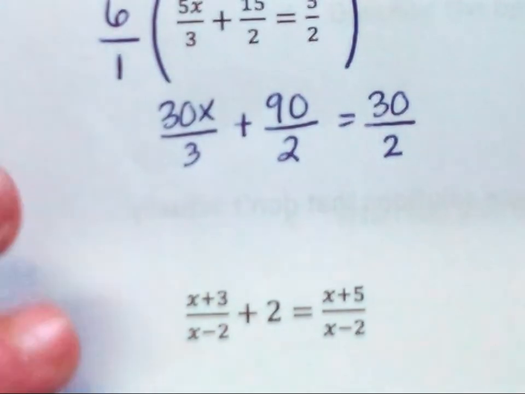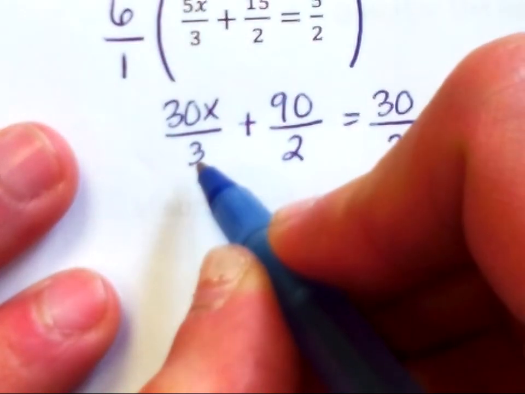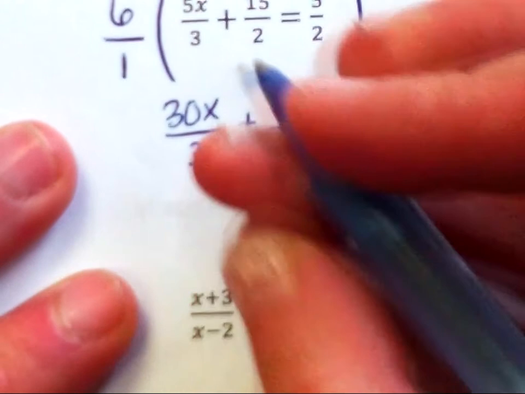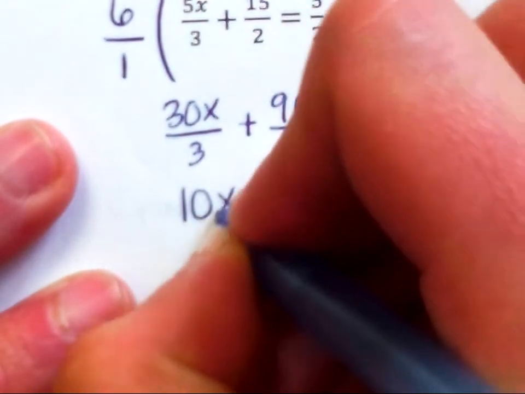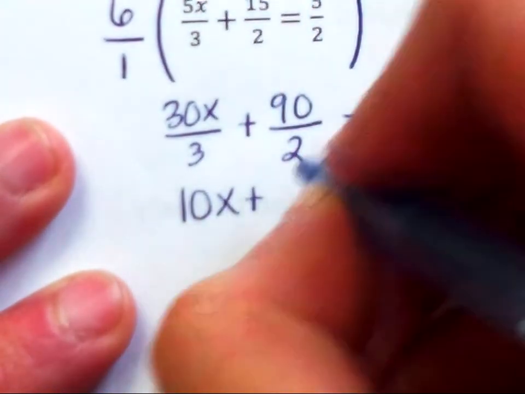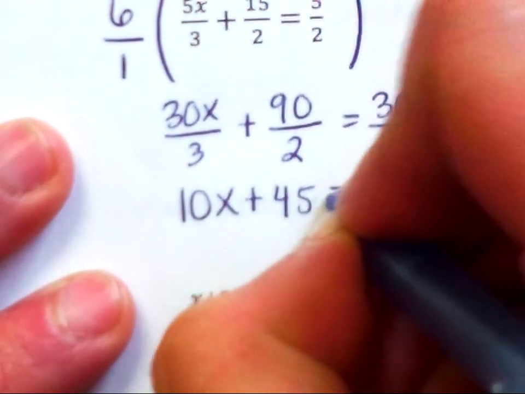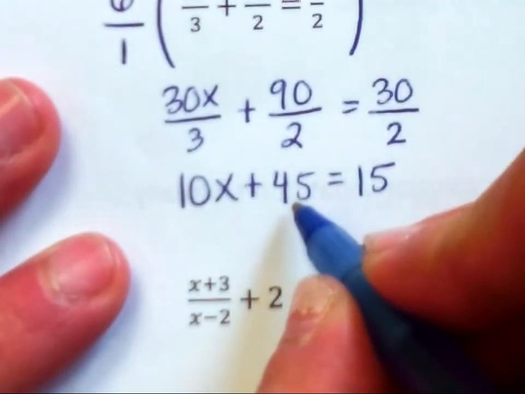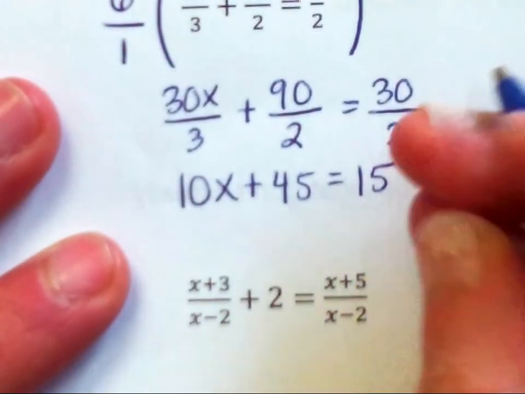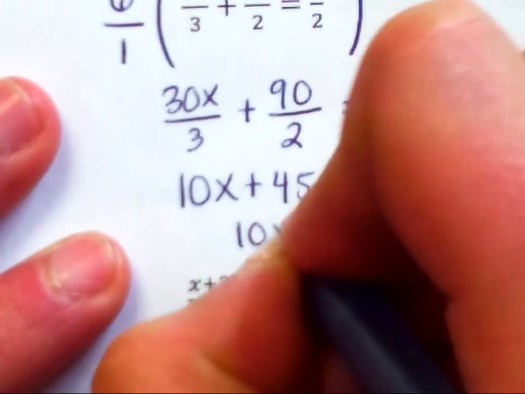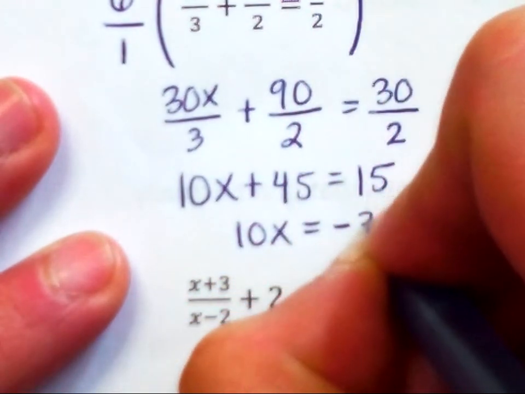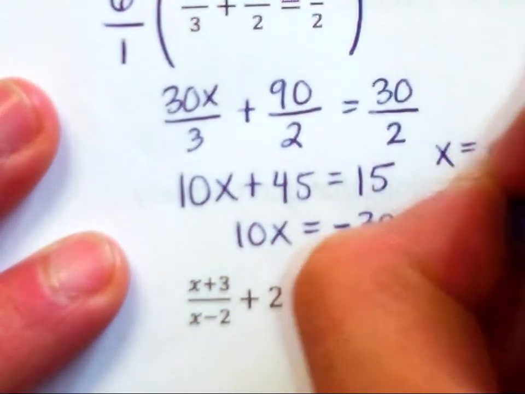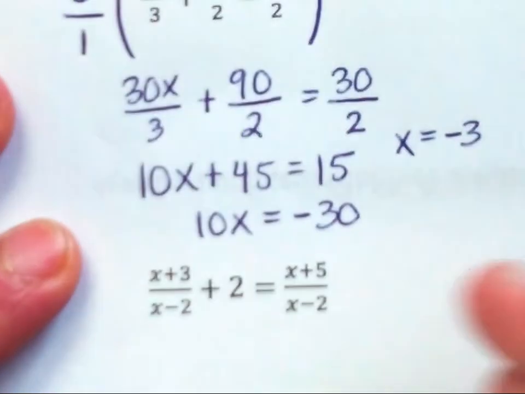So 30x over 3 is like 30 divided by 3, so that's 10x. 90 divided by 2 is 45, and 30 divided by 2 is 15. You can subtract 45 from 15, and that's going to be 10x equals negative 30, so x equals negative 3.